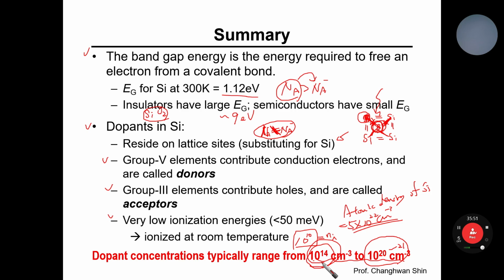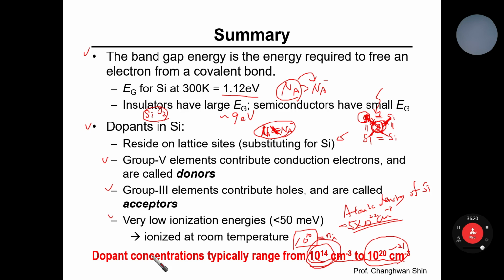For mass production, cost is the key metric, so the cheapest, lowest-cost silicon substrate is a p-type silicon substrate. So 10 to the 14 is the minimum, the lower boundary in terms of implementing doping concentration.